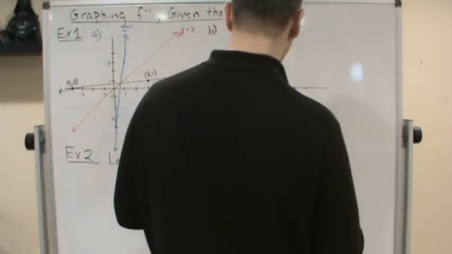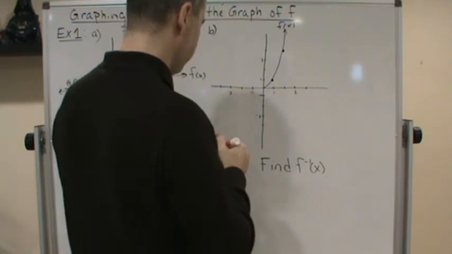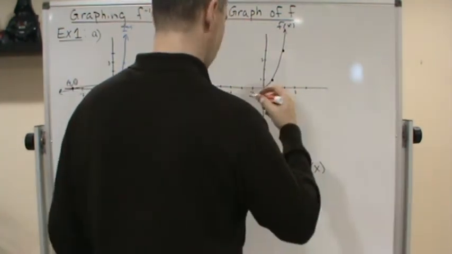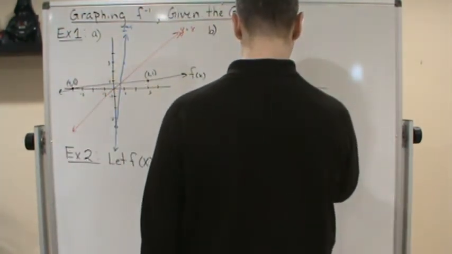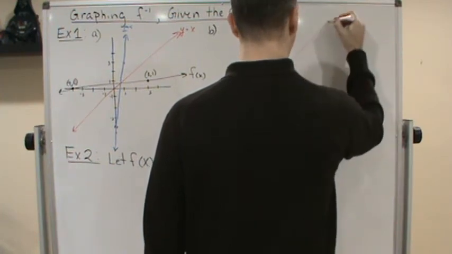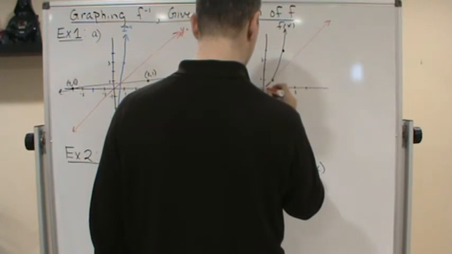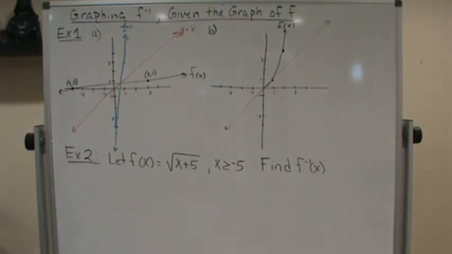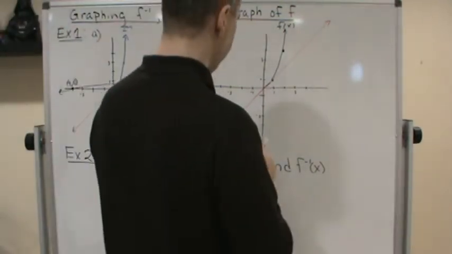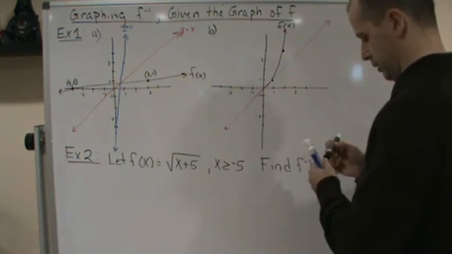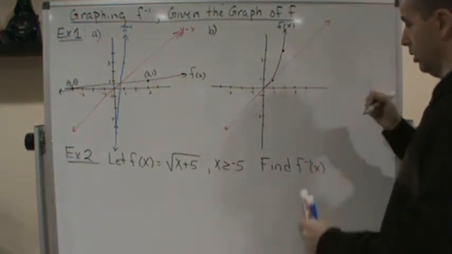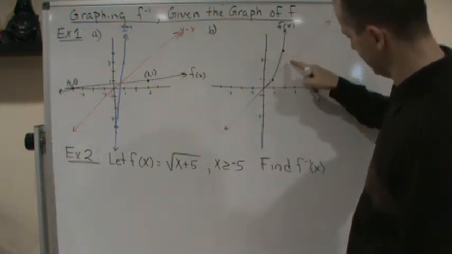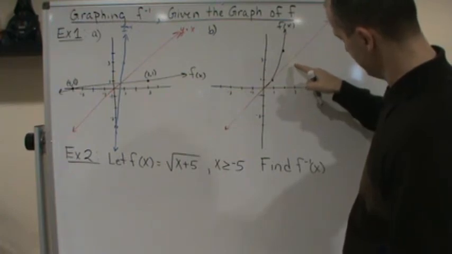Now again, if I plot the line y equals x, then this point should be the same distance from this line as this point.